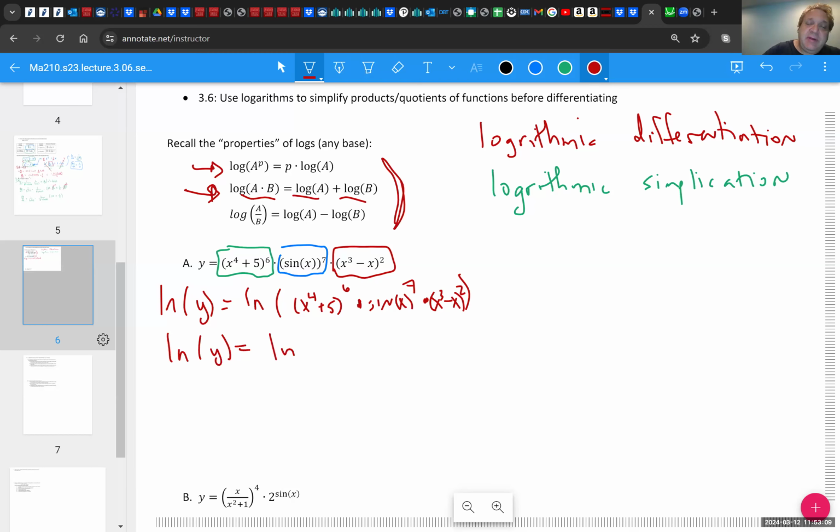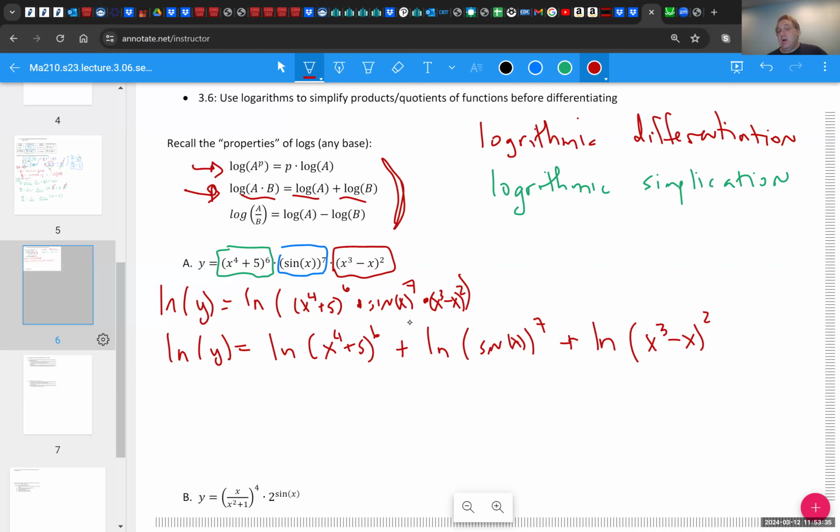This would be ln of this first critter plus ln of the second one plus ln of the last one. So I've now converted basically a product rule problem into a sum rule problem, which is way, way easier because I can just differentiate them separately. I don't have to necessarily worry about the product rule anymore because there's no products.